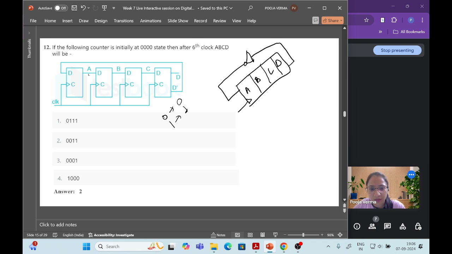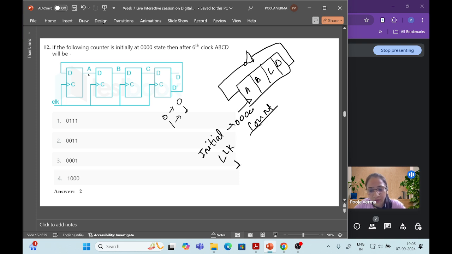Here it is the clock pulse. The initial state is 0, 0, 0. All are 0. Here we are giving the clock, and after 6 clock pulses we need to check what will be the output. So I can write it as a counter. Initially it is 0, 0, 0.